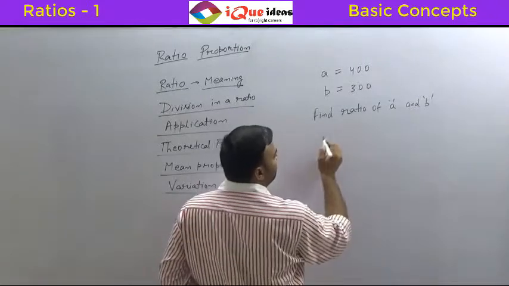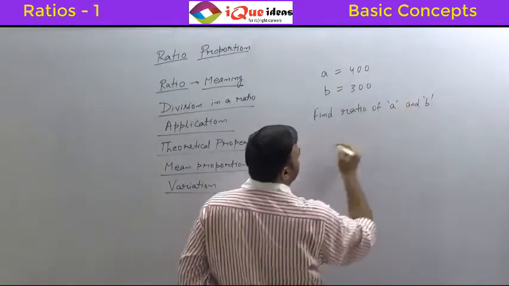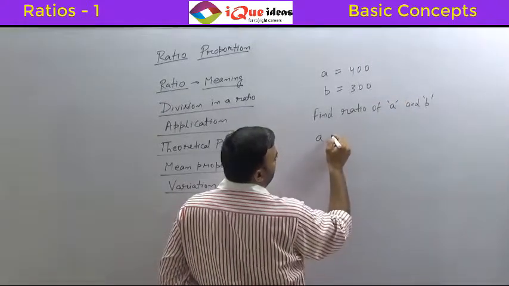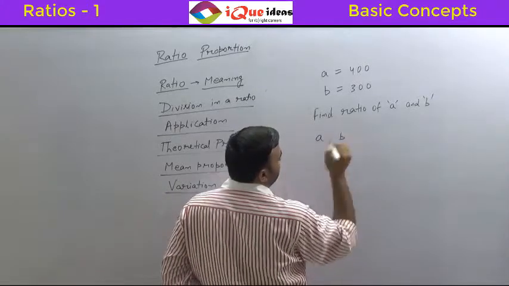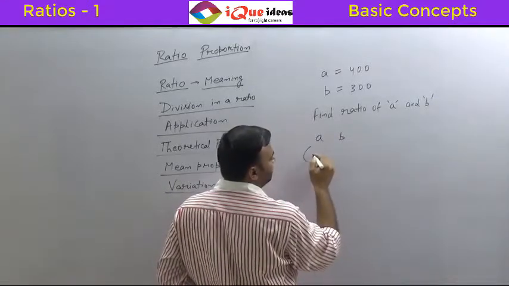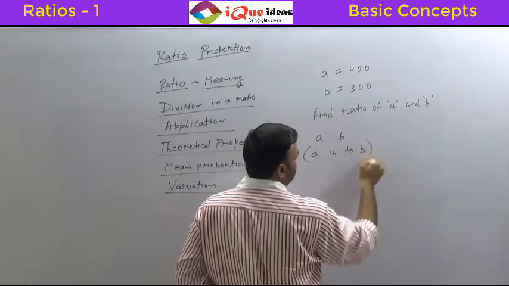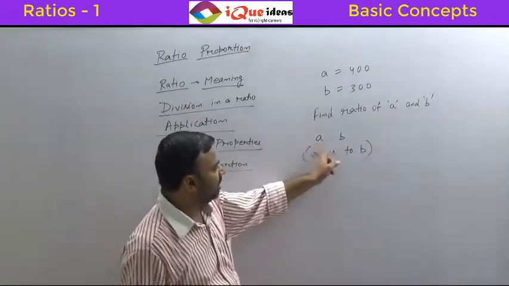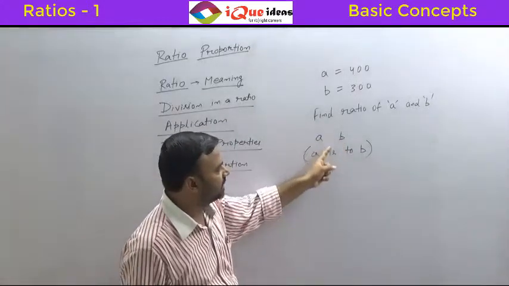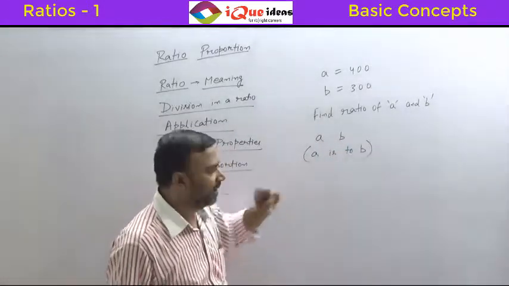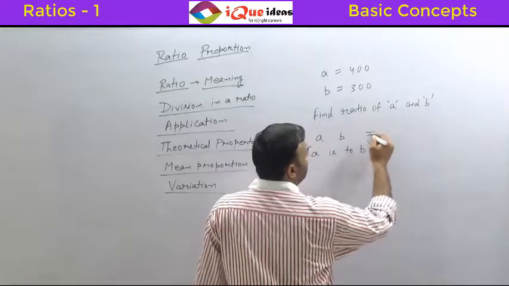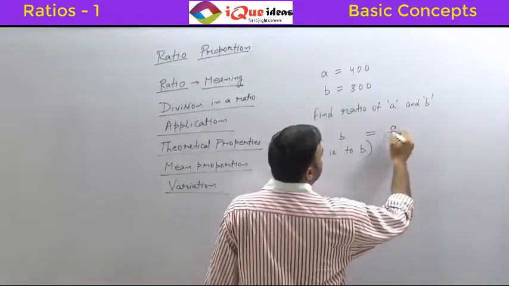When we say ratio of A and B, it is written as A:B, and it is read as A is to B. So the sign of colon is read as "is to". Now what is the meaning of this? Mathematically it means A divided by B.